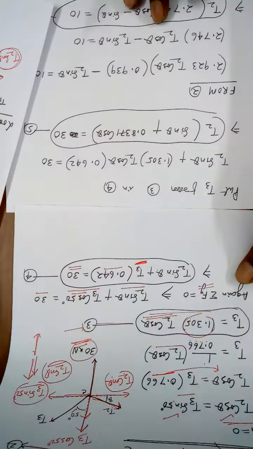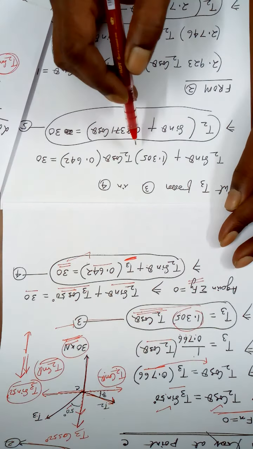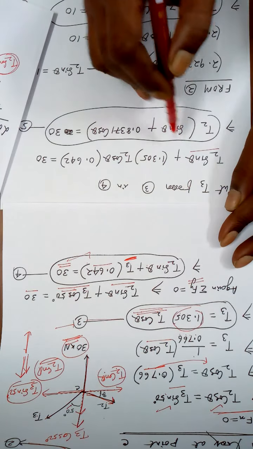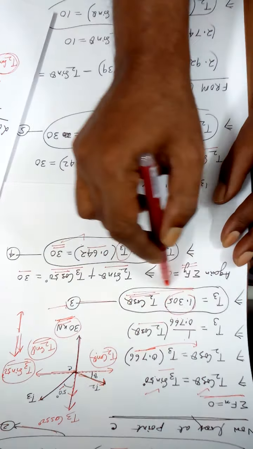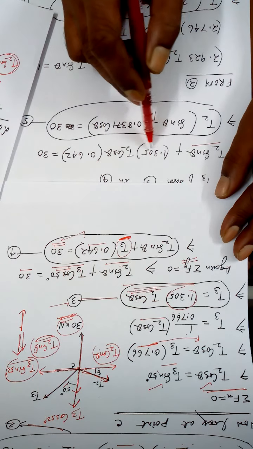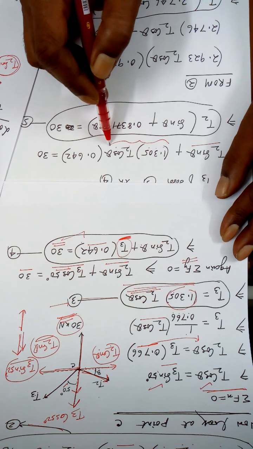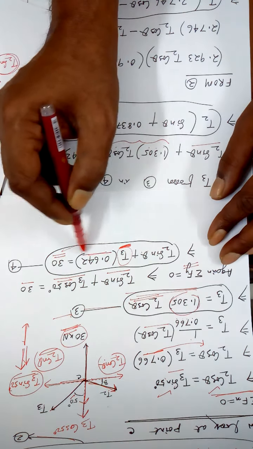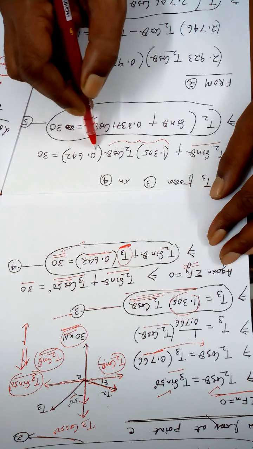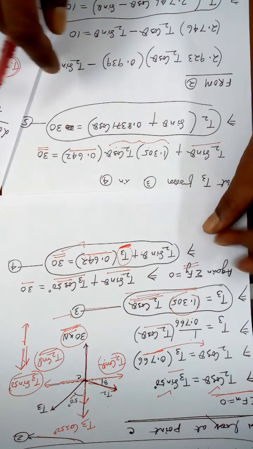So in 4, this is your 4, T2 sine theta. For T3, I write this value, 1.305 T2 from here to here is your T3, that is from equation 3, and 0.642 is equal to your 30.